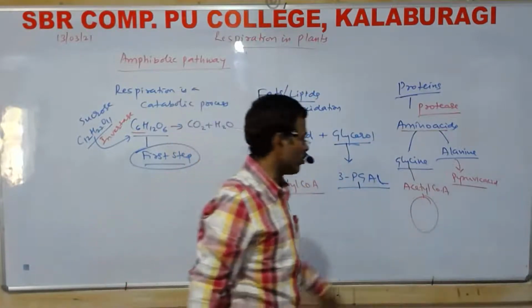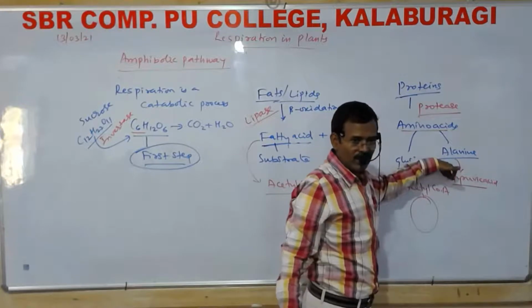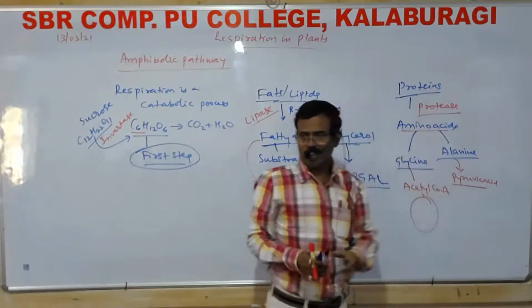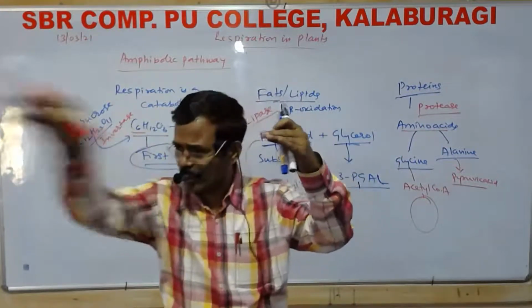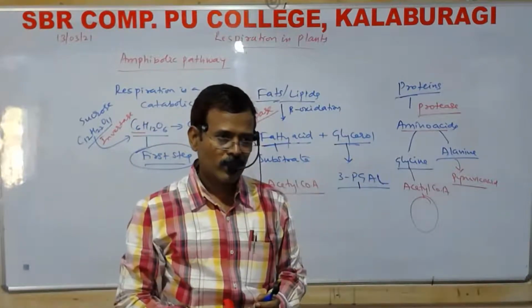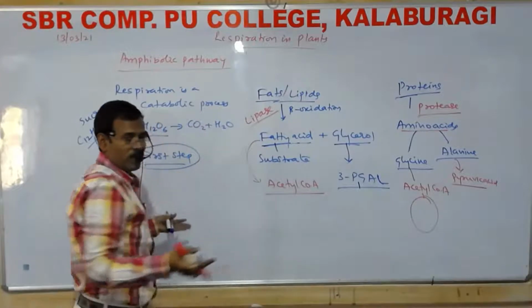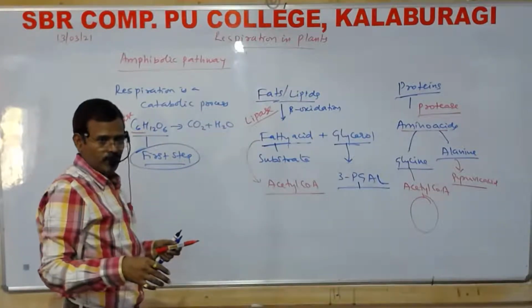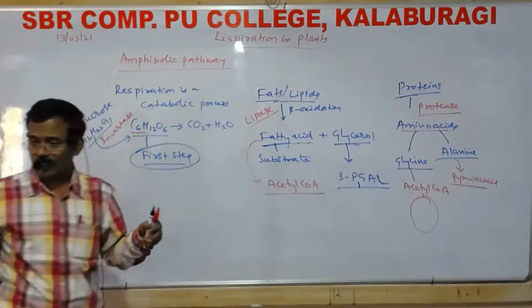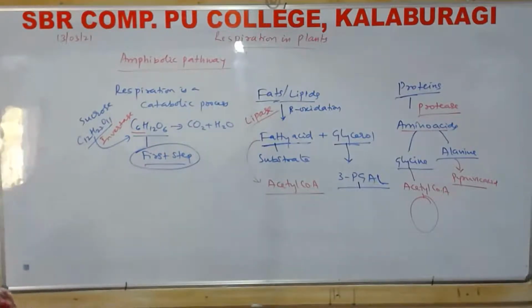So alanine is converted into pyruvic acid, and from pyruvic acid it enters the respiratory pathway. So depending upon the respiratory substrates used, they enter the respiratory pathway at different stages.